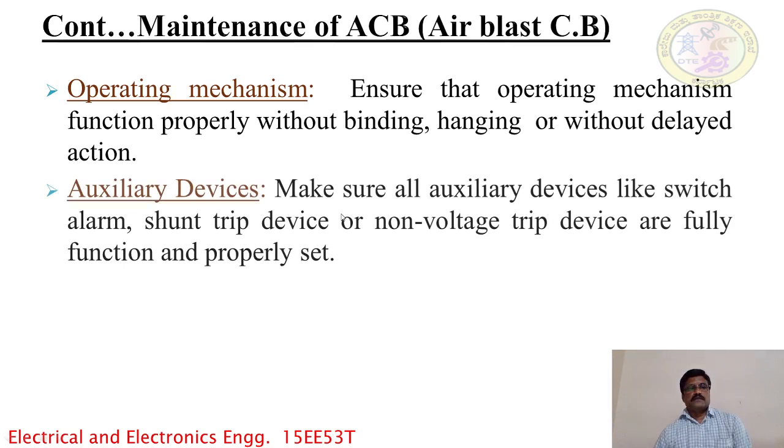So next one, auxiliary devices. Some auxiliary supporting devices are required for every type of circuit breaker. So make sure all auxiliary devices like switches, alarms, shunt trip devices, or no-voltage trip devices are fully functioning and properly set.